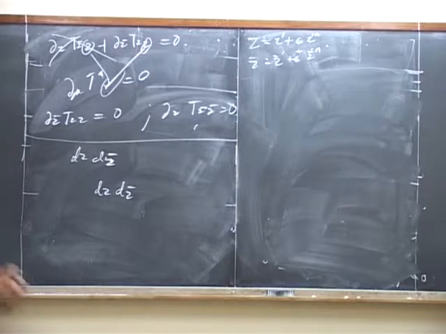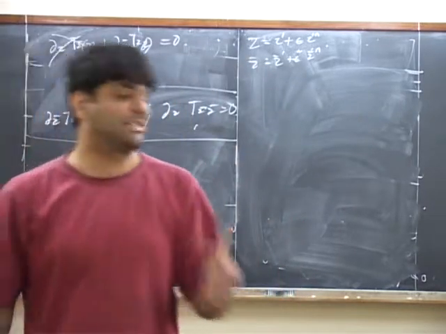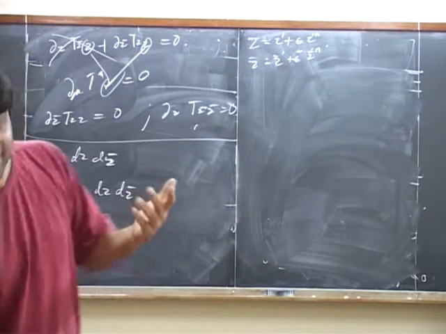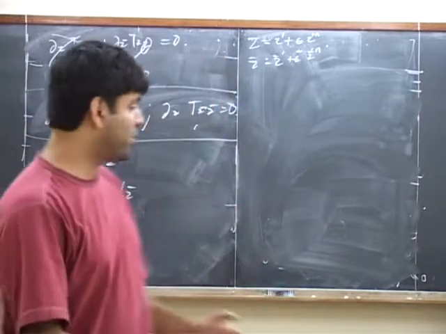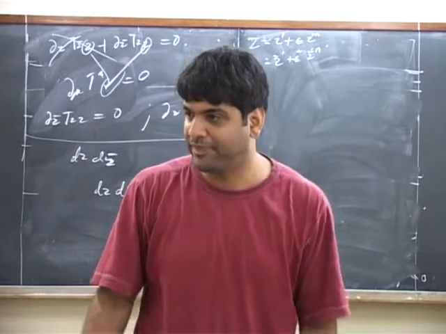Now remember, we're dealing with complex variables, so epsilon here is a complex variable. Though it looks like there's one symmetry, there are actually two symmetries: one corresponding to the real part of epsilon, and one corresponding to the imaginary part of epsilon.